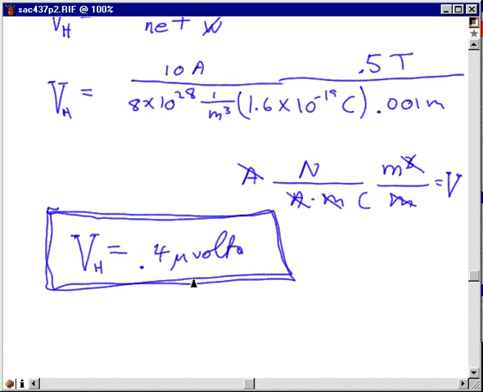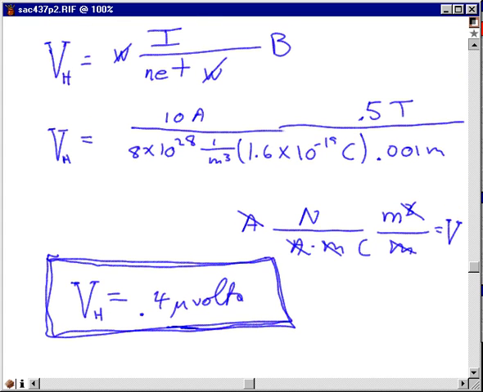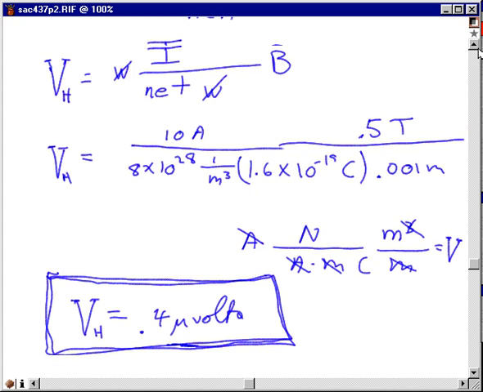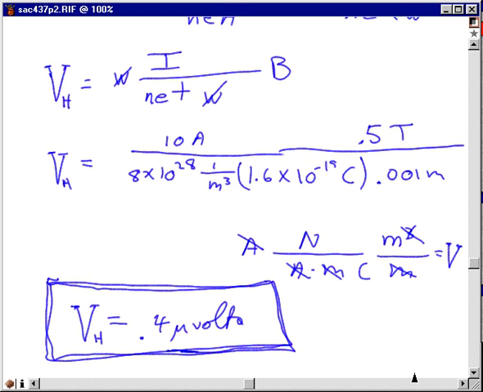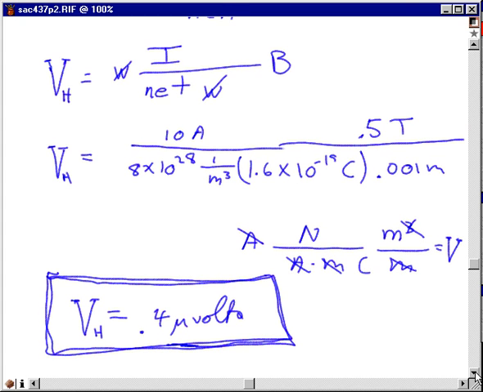And we would actually expect that we'd find something in the ballpark of that value, but not exactly that value. Again, depending on the purity of the copper that we have, it's expected that our assumption that there's 1 charge carrier per atom is an okay approximation, but not a good approximation.